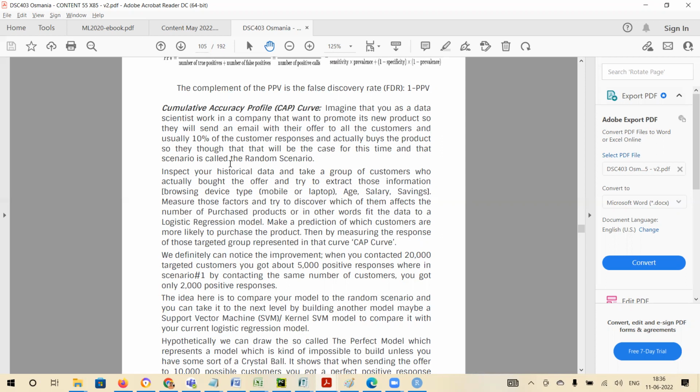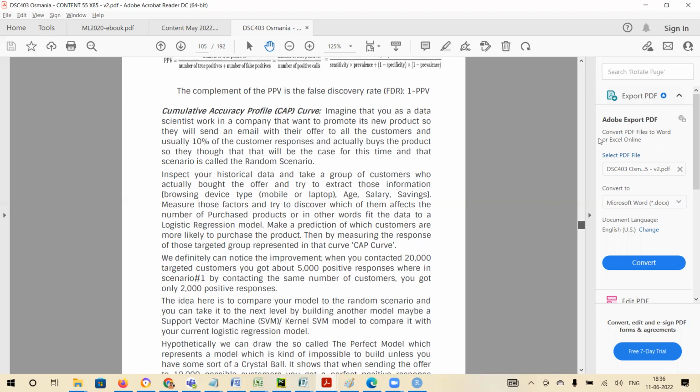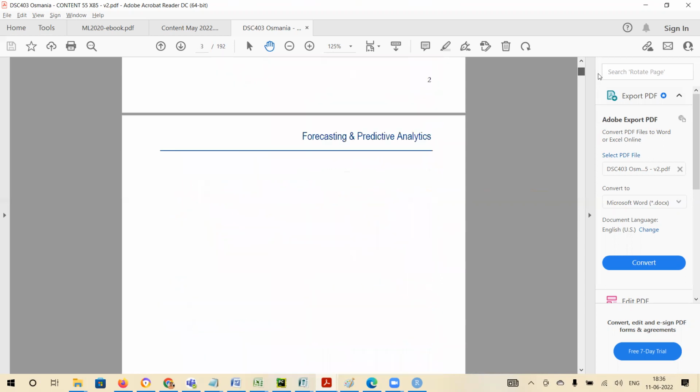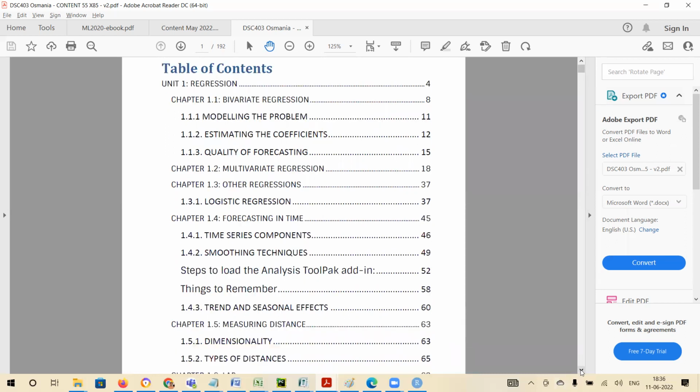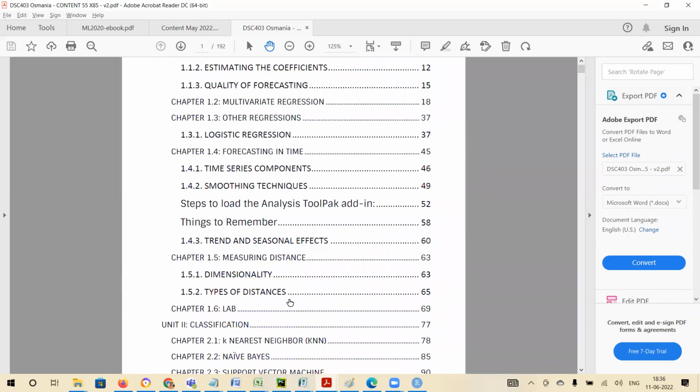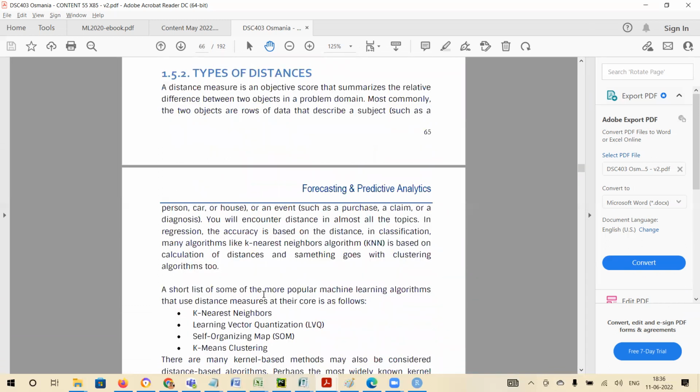Okay. Next, what is Euclidean distance? Again, this question answer is from chapter 1. Types of distances.